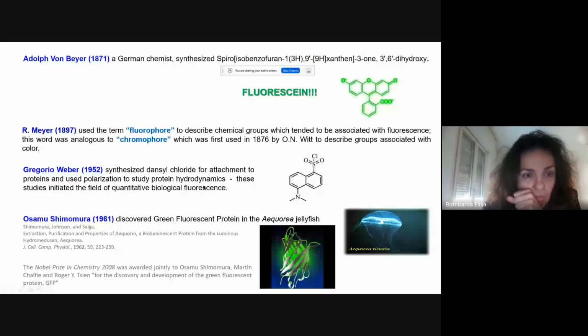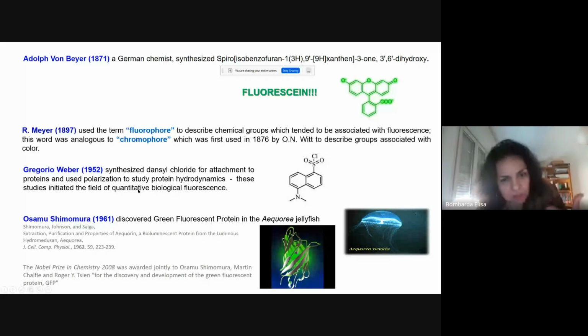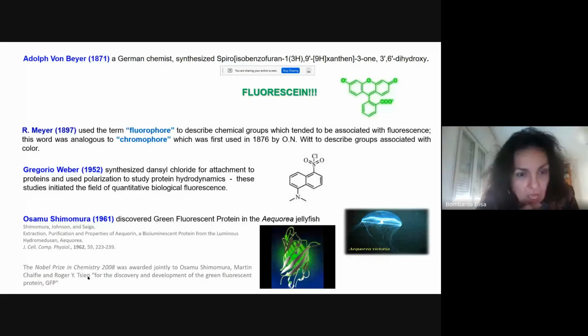Closer to us, we have Gregorio Weber, who synthesized Ansyl, also a very famous probe, and initiated the field of quantitative biological fluorescence, which is basically the father of our discipline. We all are biophysicists, and we use fluorescence to investigate biomolecular systems.